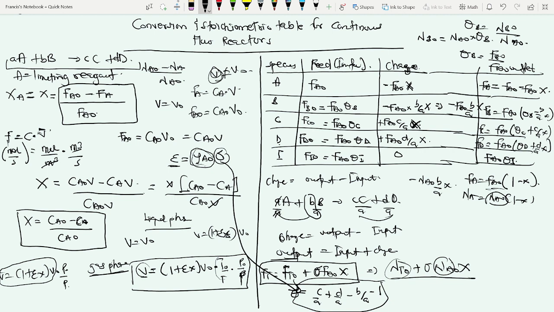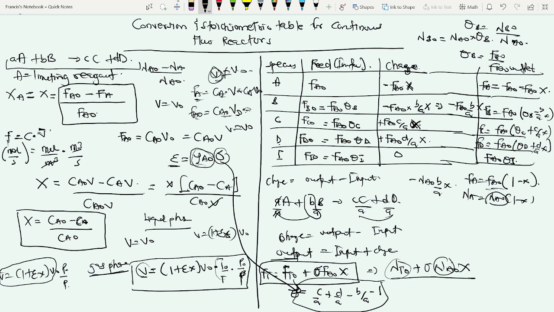So if you've been given V naught, you can just find it straight away. But then for liquid phase reactions, your V is equal to V naught. So your FA becomes CA times V or CA times V naught. And then your FA naught also becomes CA naught times V naught or times V. So any of them works.